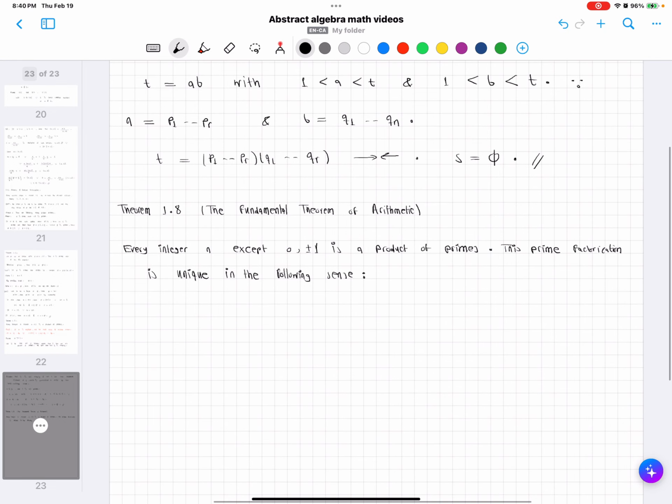If we have two different representations for n using primes, then they must have the same size and they must be relabelings of each other.